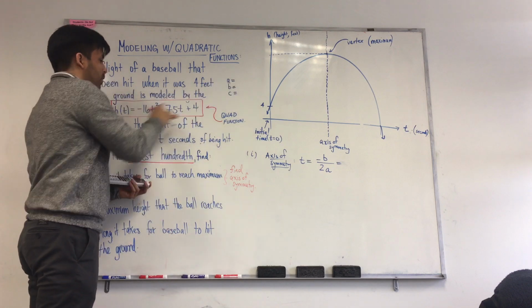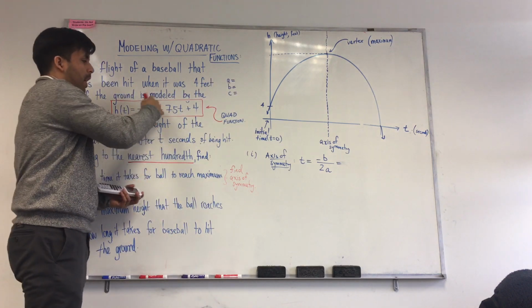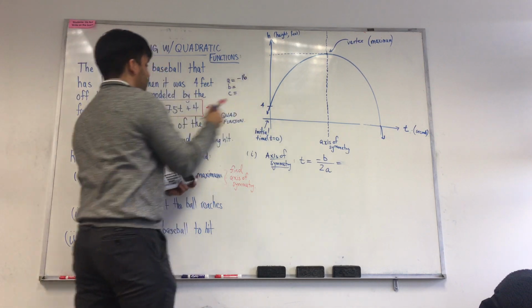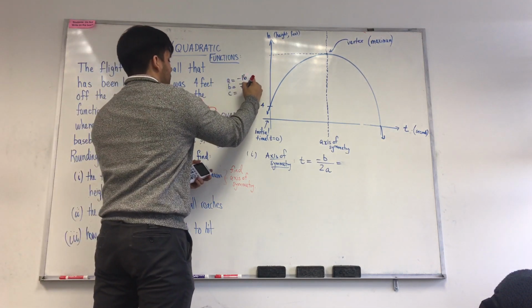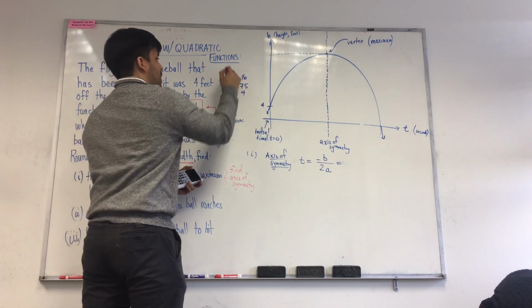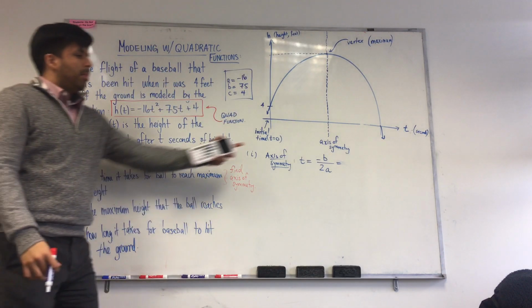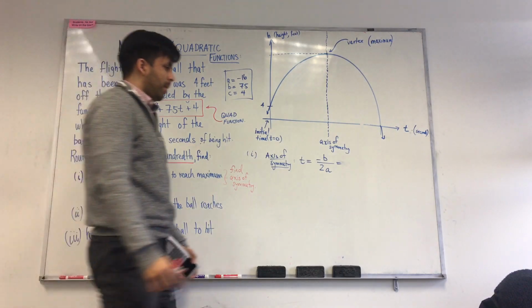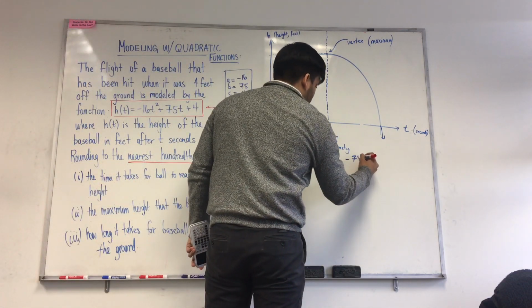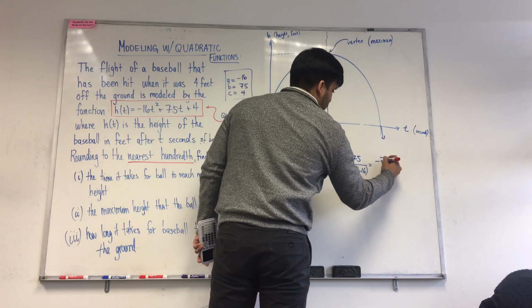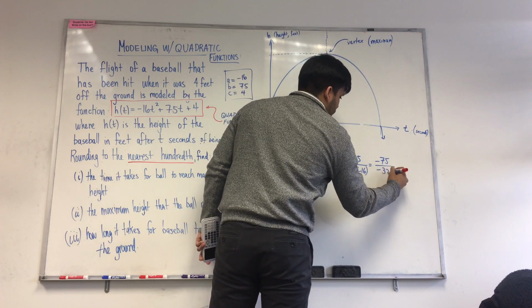My a value is associated with the squared term, so a will be negative 16, b will be 75, and c will be 4. Now I can plug into this formula, and I get negative 75 over 2 times negative 16, which is negative 75 over negative 32.